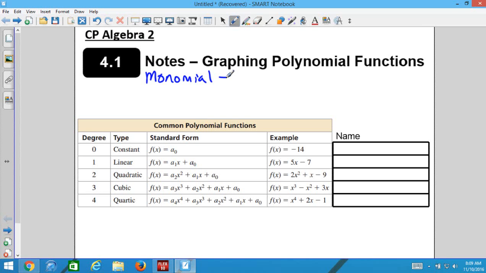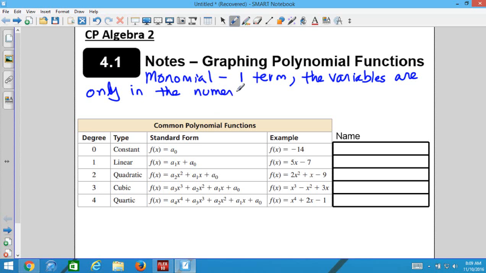What's mono mean? One. What means two? So a monomial has one term. The variables are only in the numerator of the term.